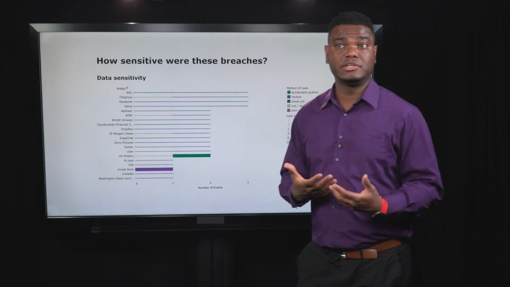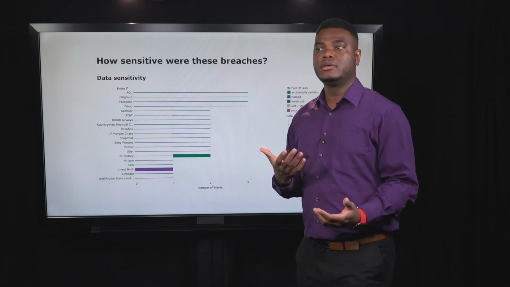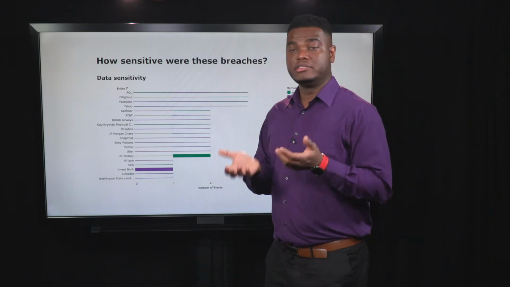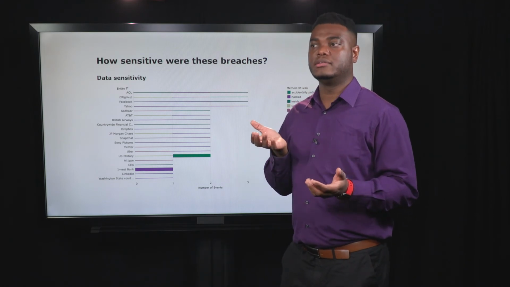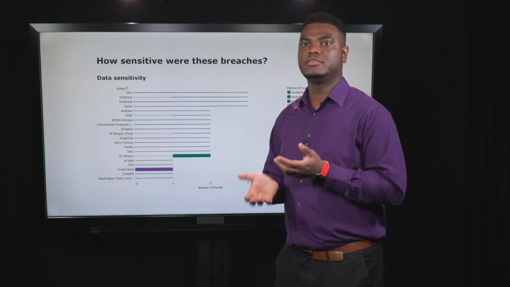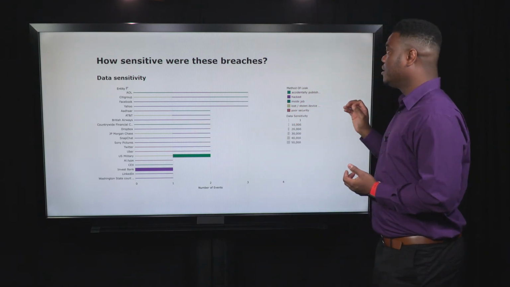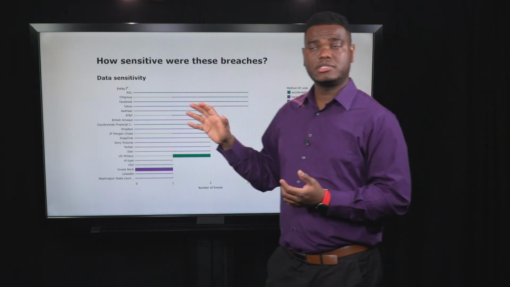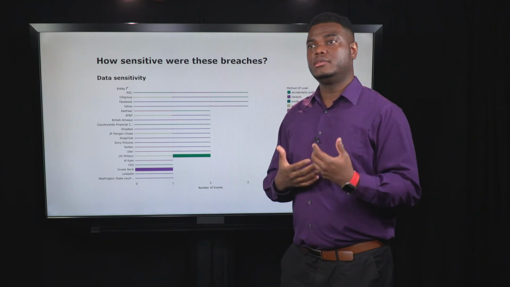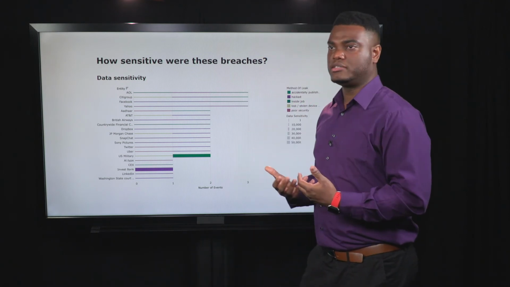For example, if the breaches involve primarily email addresses, of course that is important as well because it is personally identifying information, but it may be a relatively less severe loss than, say, financial information, your credit card information, or your health records. So the relevance of data sensitivity is what type of information was lost and what type of risk the user is exposed to when that data breach happens.